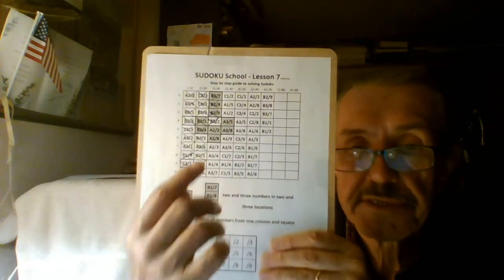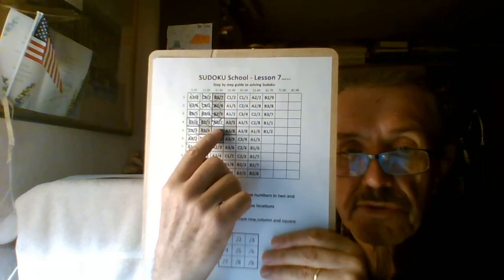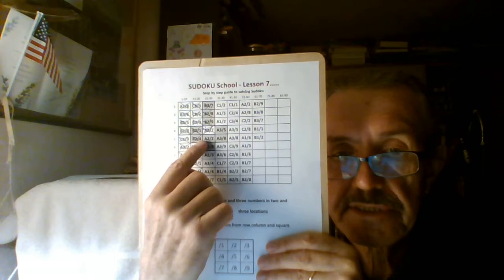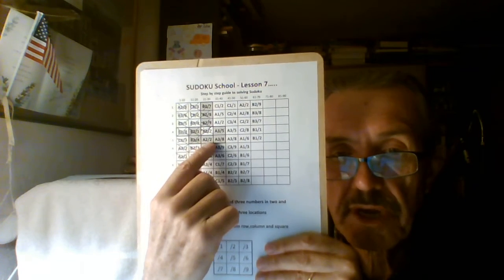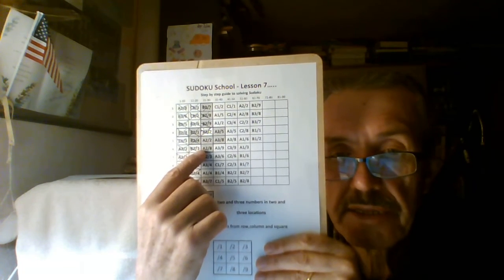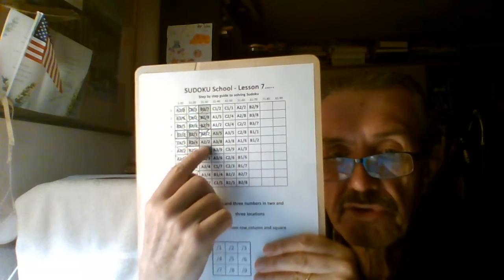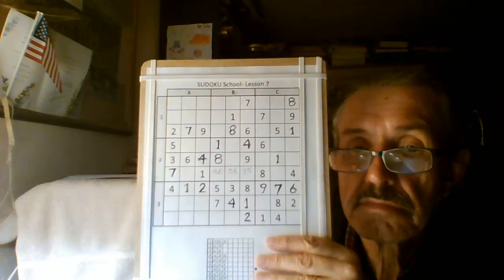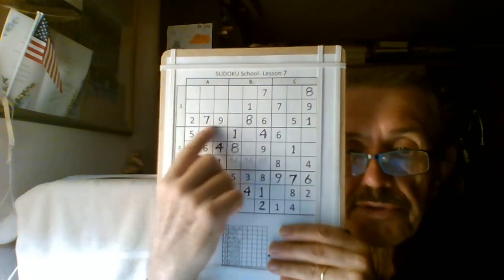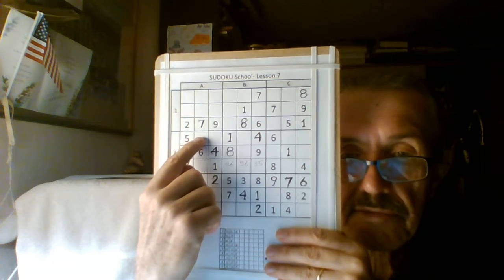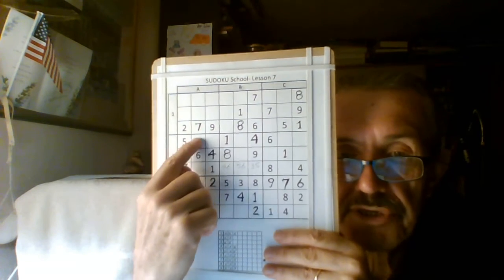Next step is 2 locations for 2 numbers. As you see, this is square A2 location 2 and square A2 location 8. Square A2 is over there, and we consider these 2 locations.